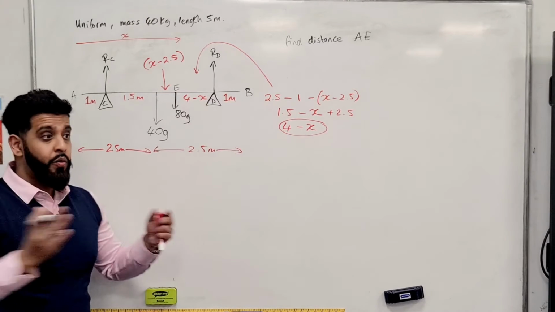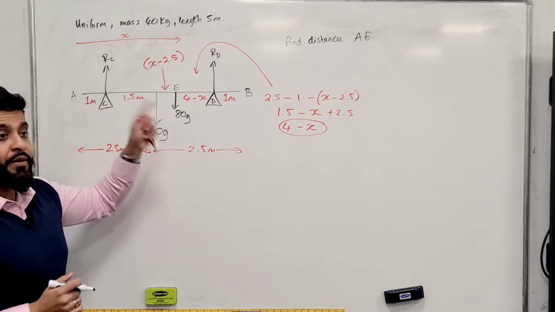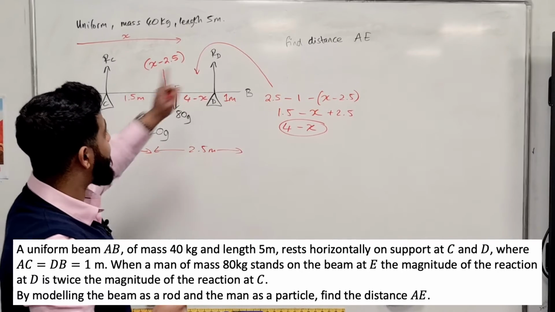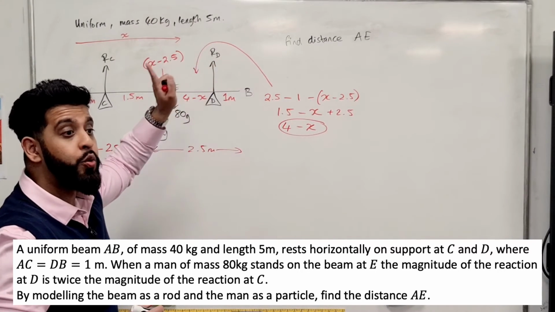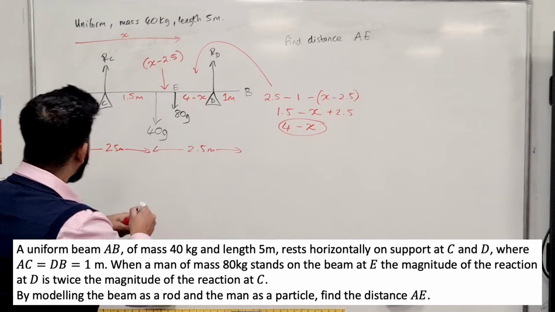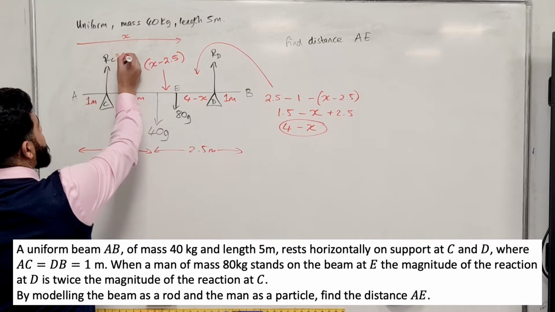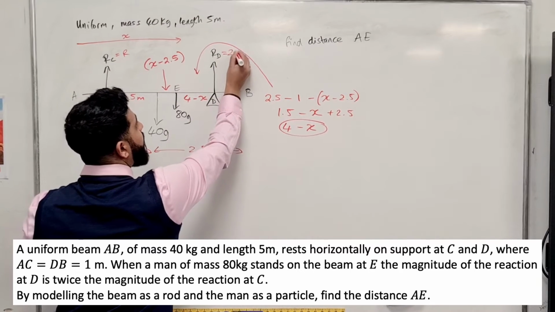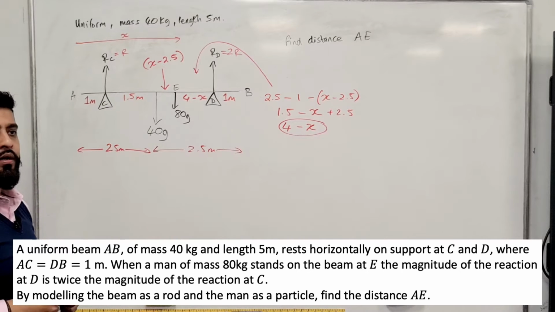First of all, let's deal with the R. Now there's some information in the question. It says that the reaction force at D is twice the reaction force here. That means if we call this R, this would be equal to 2R.